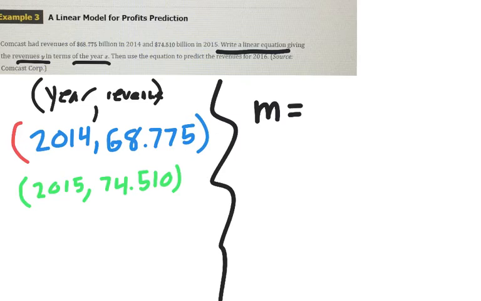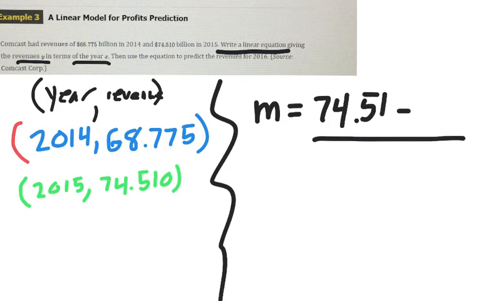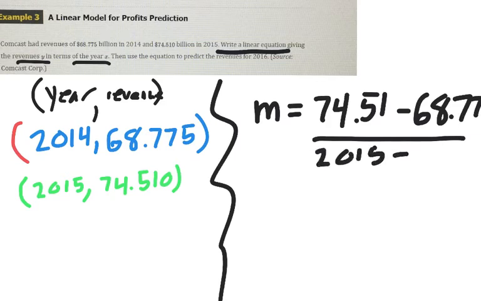If I can put this in point slope form, I could write an equation. So I need to know the slope. So we're going to put into the slope formula y2 minus y1 over x2 minus x1.